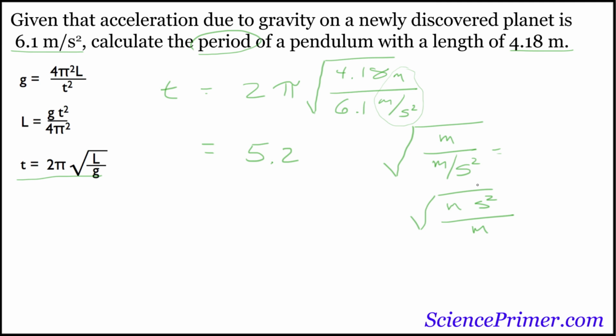Just flip this over to get it out of the denominator. Now meters cancel, and we end up with the square root of seconds squared. The square root and the square cancel, and the final unit of our answer is seconds. So the answer to this question is 5.2 seconds.